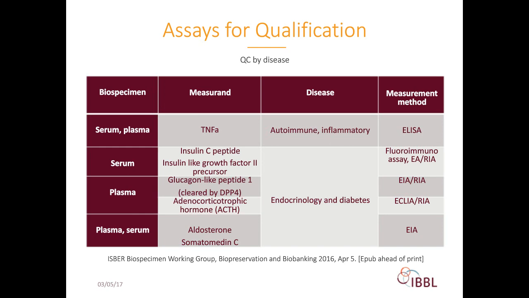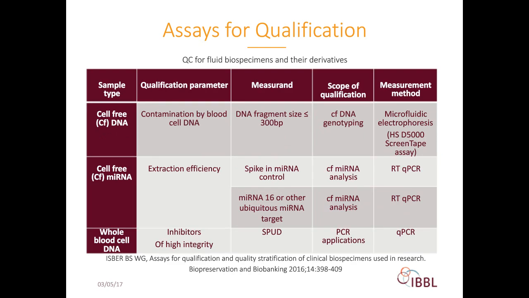The second concept is that of sample qualification for specific further analysis. As an example, qualification of a cell-free DNA sample in the scope of cfDNA genotyping analysis requires quality control of the parameter, which is contamination by white blood cell genomic DNA.